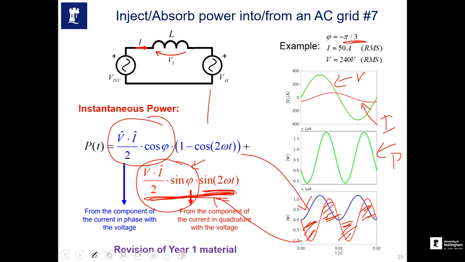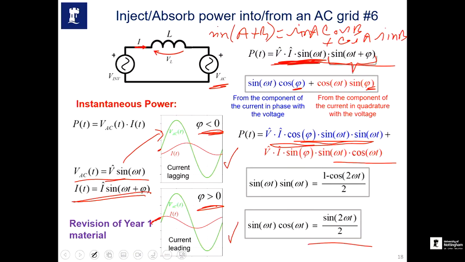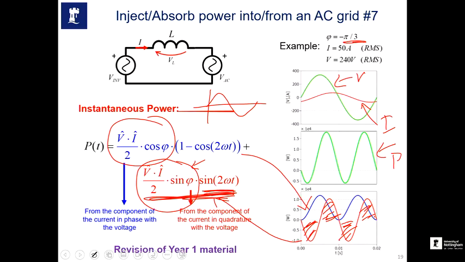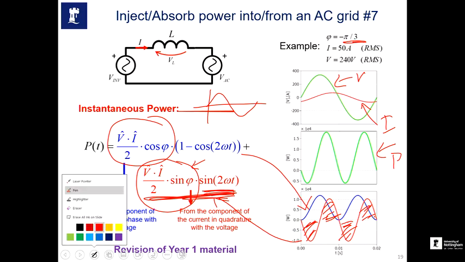Any sinusoidal signal, or if you do sine minus sine, cosine minus sine, the average is always 0. So that means this average will become 0. But the first term, 1 minus cos 2 omega t, which was basically sine square omega t, because it's a sine square function, the average will not be 0. And that you can see from the blue curve.